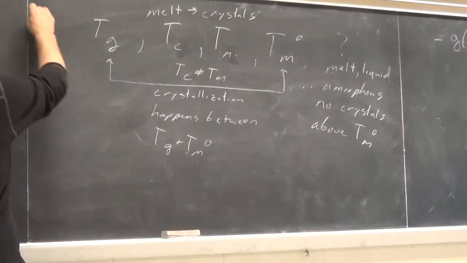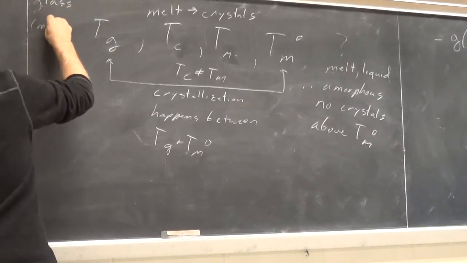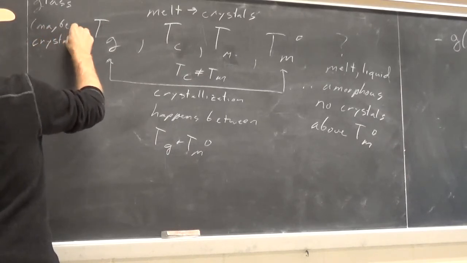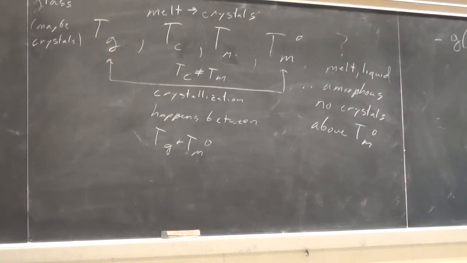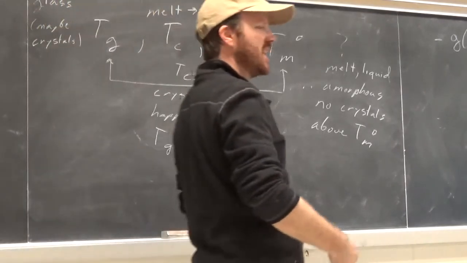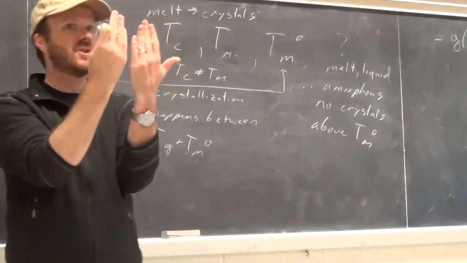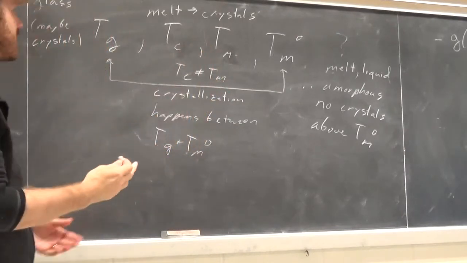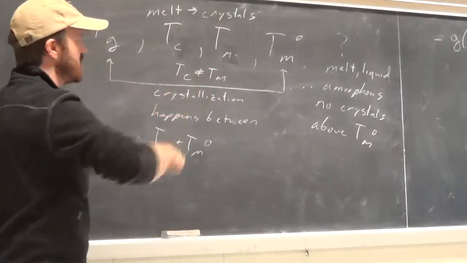No. So we have glass down here. Then we have maybe crystals, if we form the crystals here and then cool it down. And so remember, in the glassy state, the chains can't move past one another. There's no translational diffusion, and if those chains are stuck, that means they can't crystallize. And so we can form polymer crystals anywhere between TG and TM0.